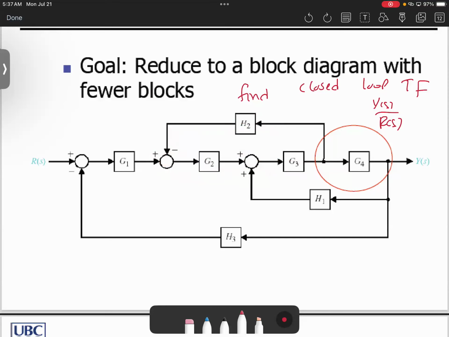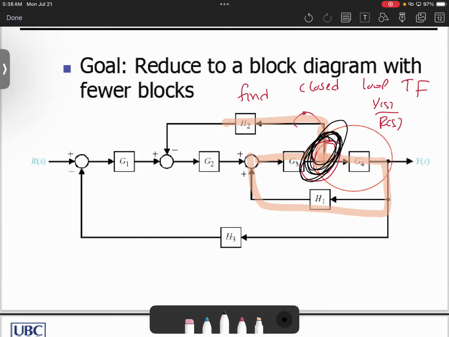Can I do a closed loop here? There is one branch going up, and this one will ruin it. Because when you do the closed loop, this node will disappear, correct?